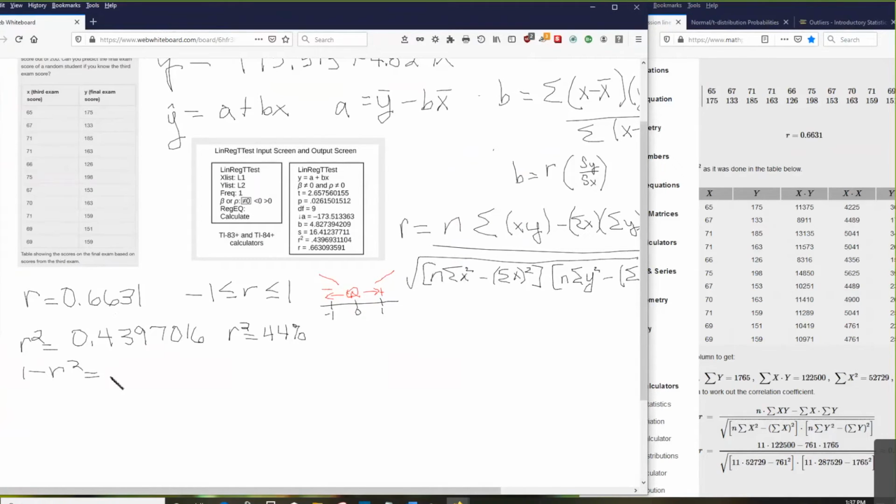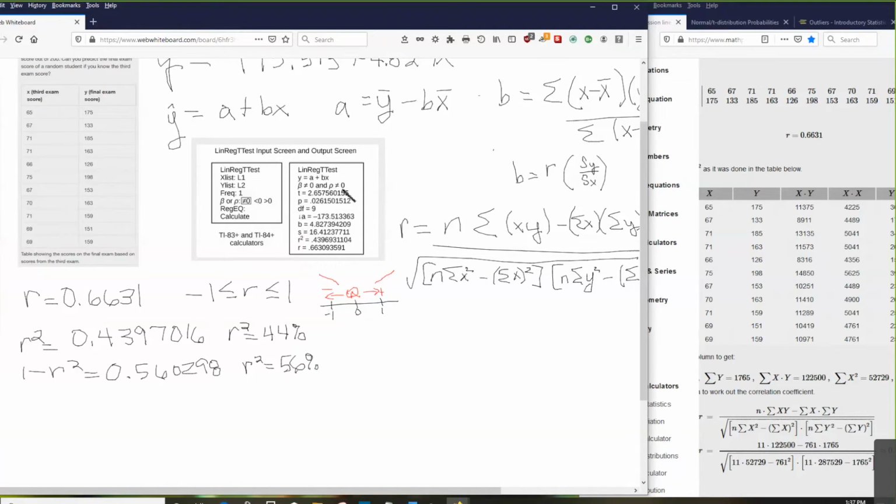For 1 minus R squared, I'm just going to take 1 minus that number, and that's going to give me 0.560298. So once again, as a percentage, that is about 56%.